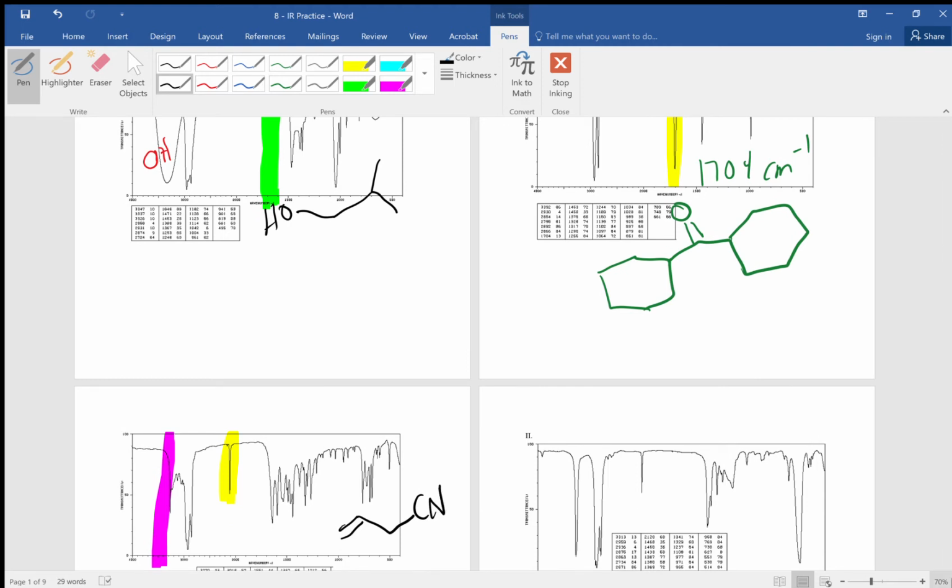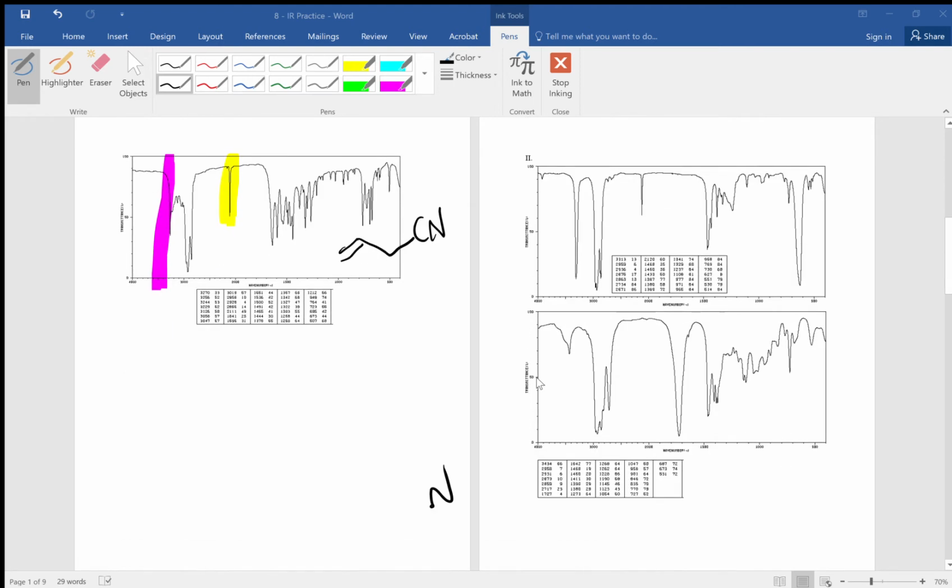All right, if we move on to question 2, same type of question. Again, we've got a series of compounds and then 5 different IR spectra to look at.